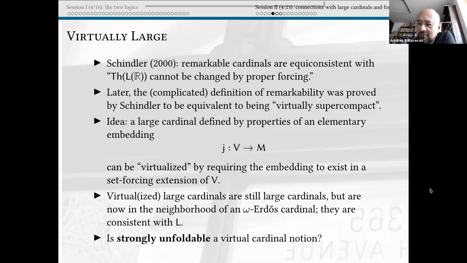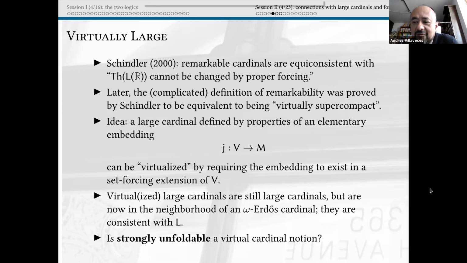That's really interesting because at some point, Philip Welch became quite interested in extracting a lot of connections between strongly unfoldable cardinals and class forcing properties, connected to, well, maybe in retrospect, what Schindler did with remarkable cardinals, but this became extremely technical very soon.